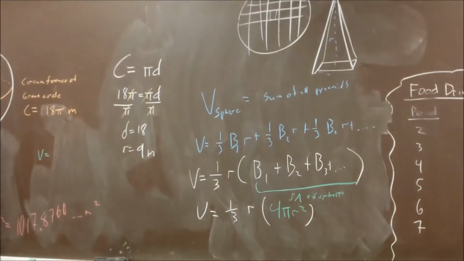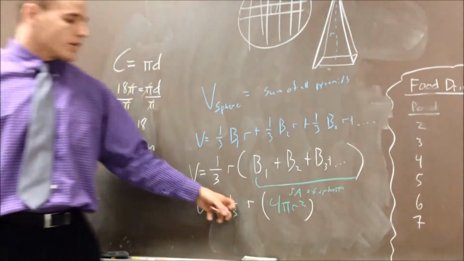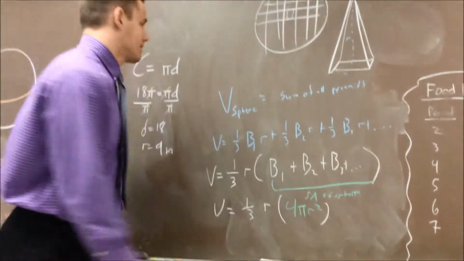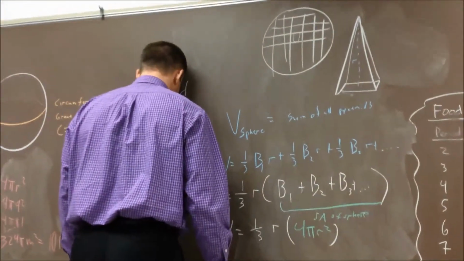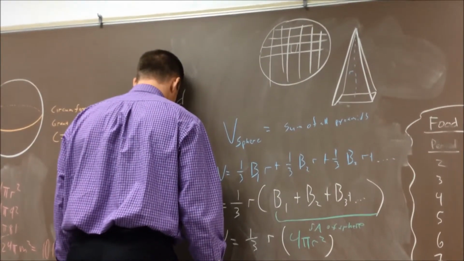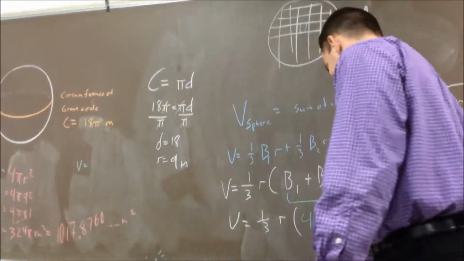Now, if only you had taken algebra, you would know that you can take r times r squared and get what? Everybody, what is r times r squared? Thank you. Your name is now everybody.